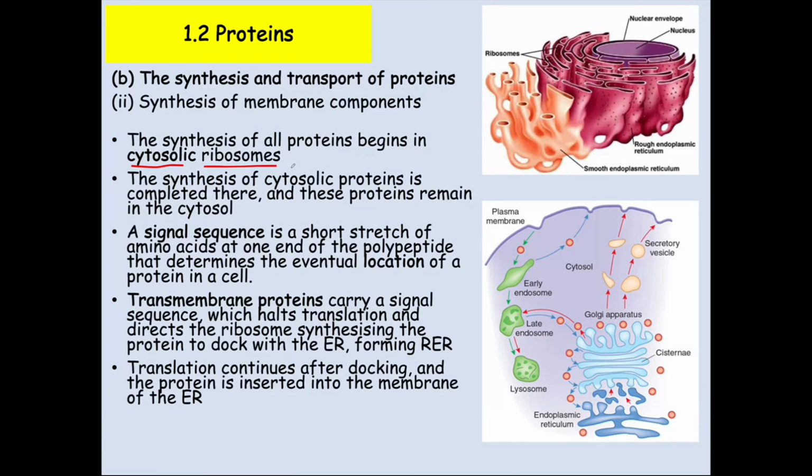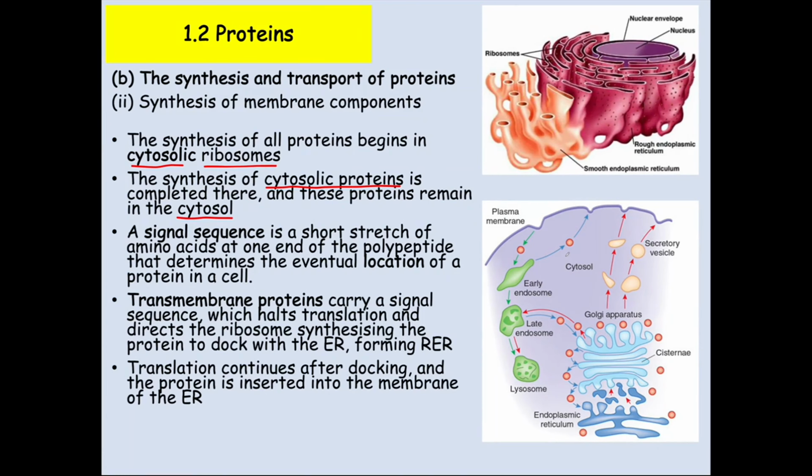Now, if the protein is going to remain a cytosolic protein, then it will complete translation in the ribosome in the cytosol. So if the ribosome is producing a cytosolic protein, then the synthesis of that protein will be completed within the cytosol, and that means that these proteins will remain in the cytosol.